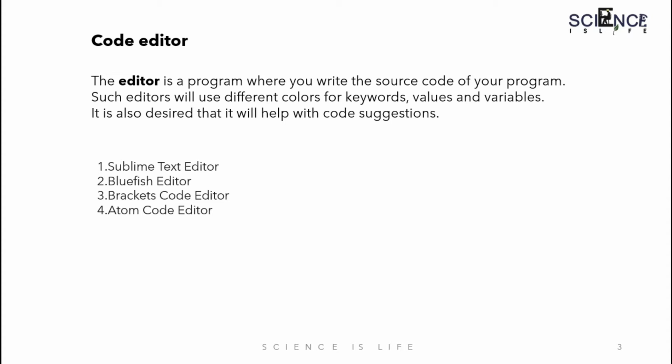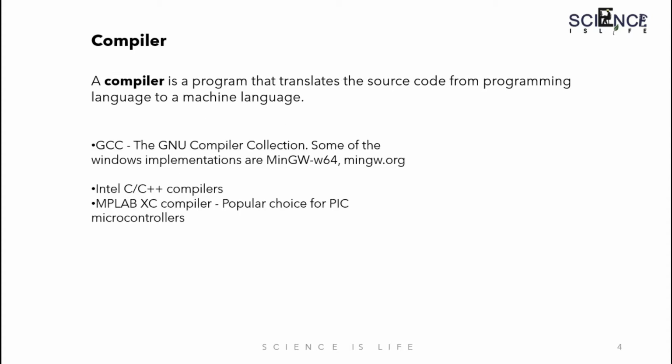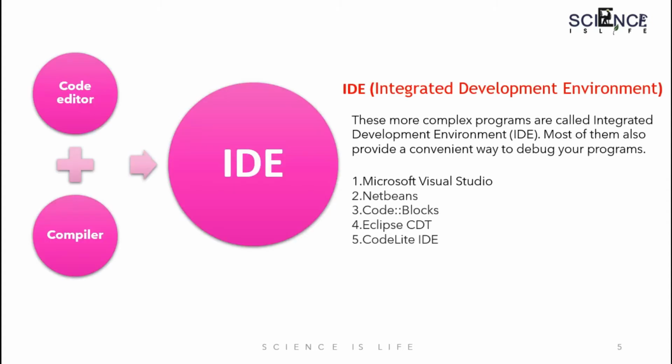So let's see what a compiler is. A compiler is also a program that translates the source code from a programming language to machine language, right? Here I have mentioned a few compilers that you can use. But what is an IDE? IDE stands for Integrated Development Environment.